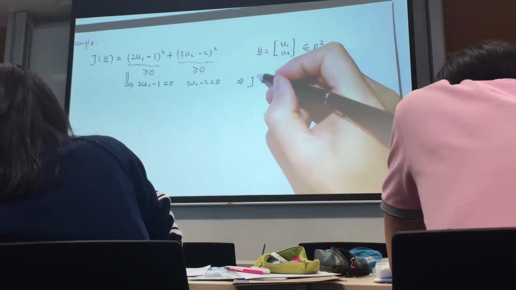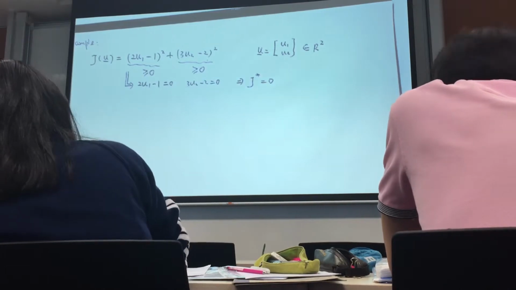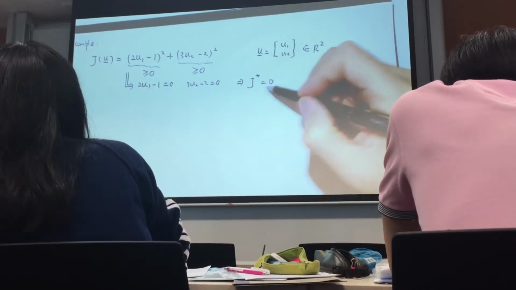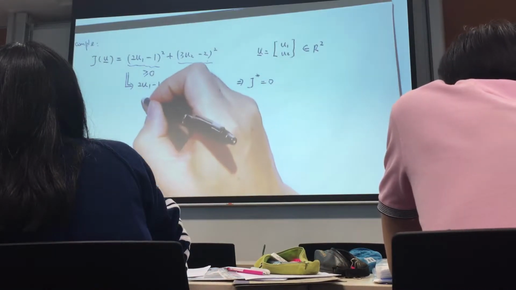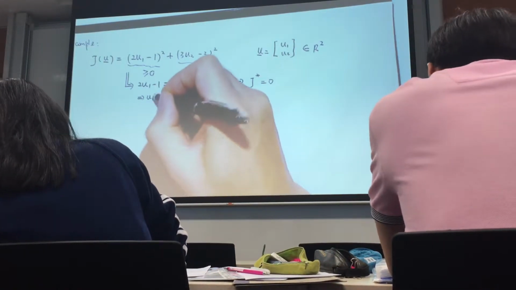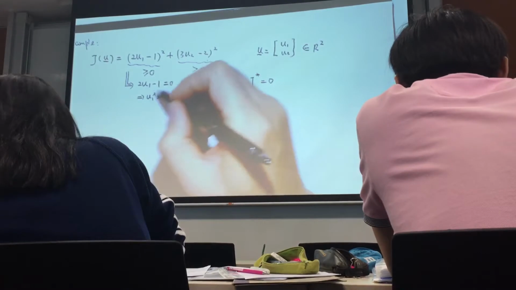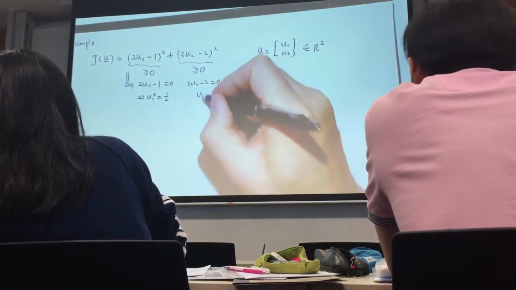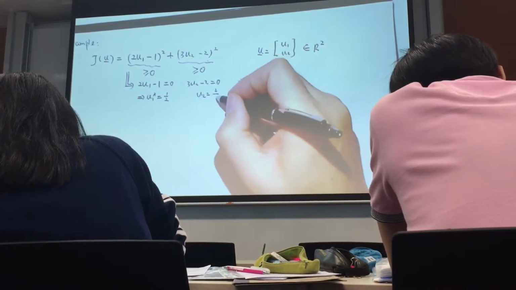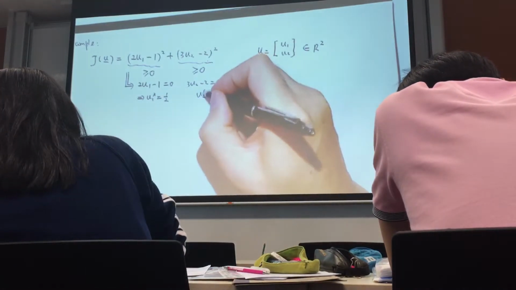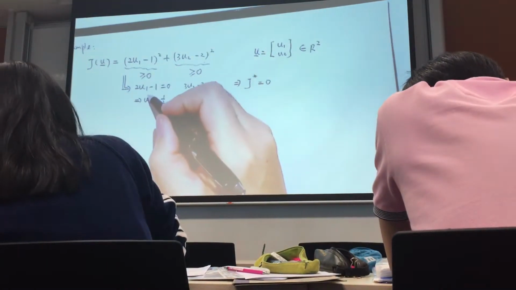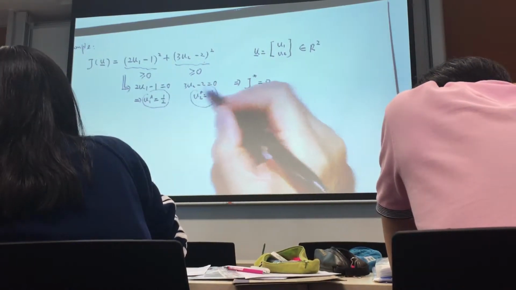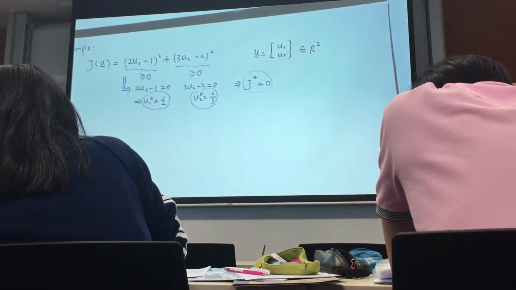I put a star for the minimizing point. From here you can determine u1 star equals a half, and u2 star equals 2 divided by 3. So this is u1 star, u2 star, and J star.